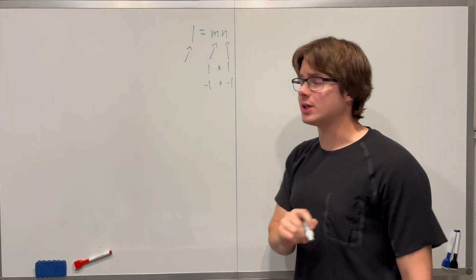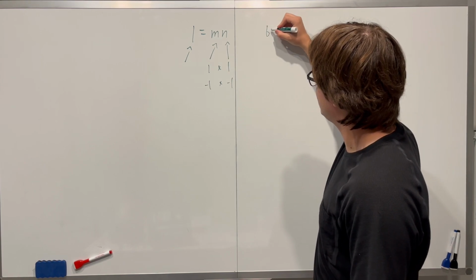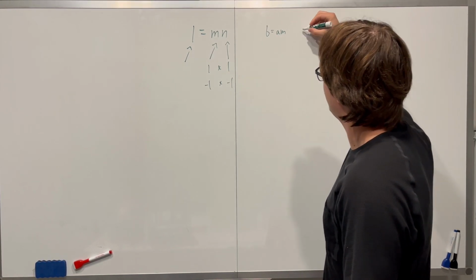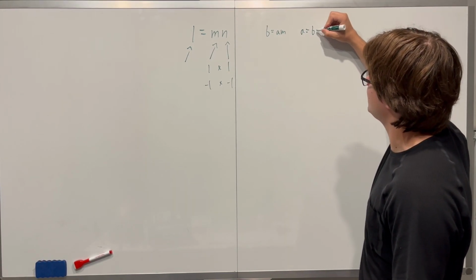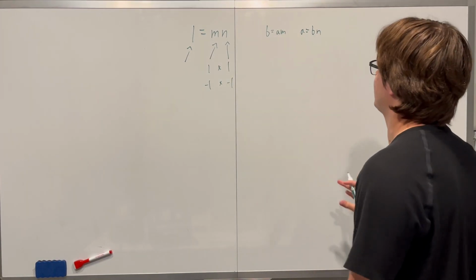I should have just seen this off the start. And on top of this, I should have noticed that because b is equal to am and a is equal to bn, or whatever I wrote, whether it's m or n, if I mix those around, it doesn't really matter.